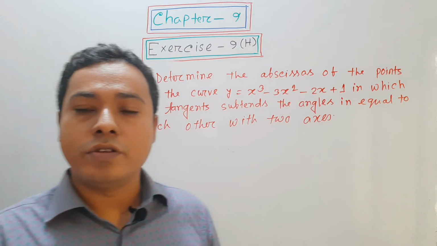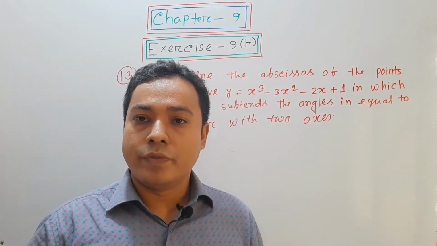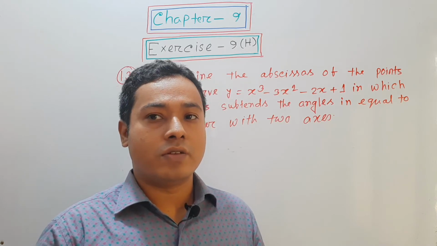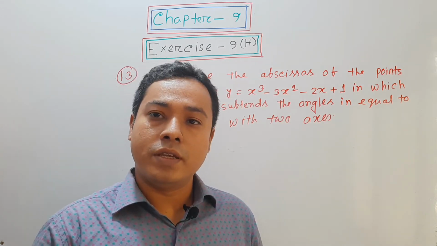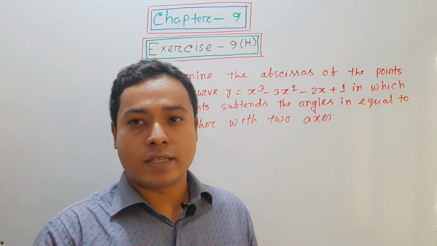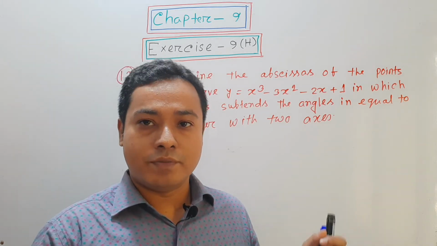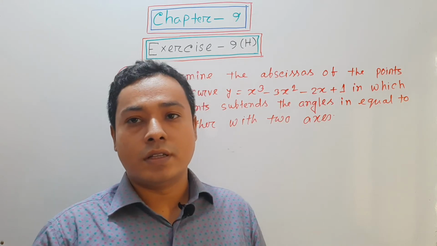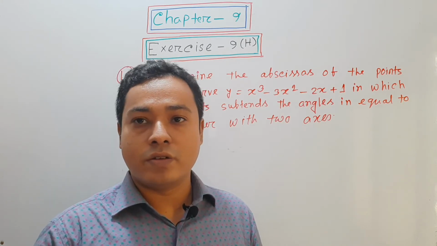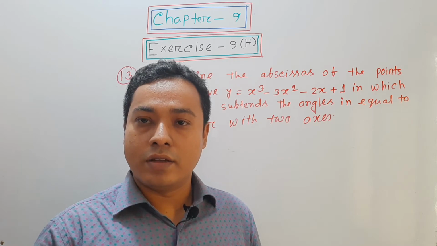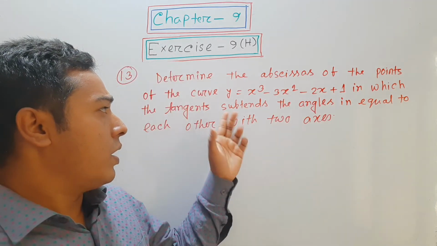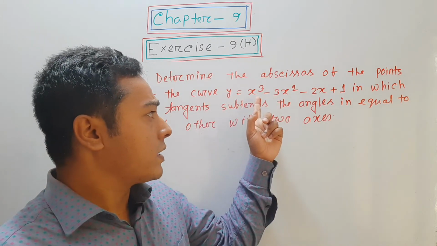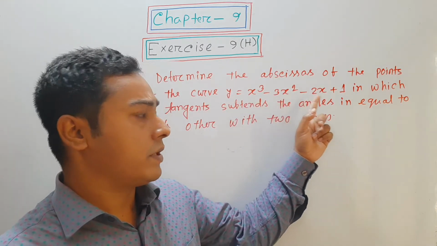Dear student, we already know that if the tangent makes equal angles with the two axes, the slope is d/dx of y equal to plus or minus 1, as discussed in the previous one. So now we want to differentiate the curve y is equal to x cube minus 3x square minus 2x plus 1.